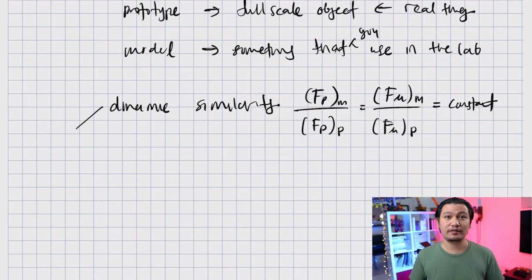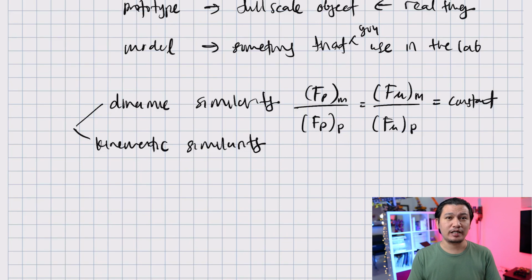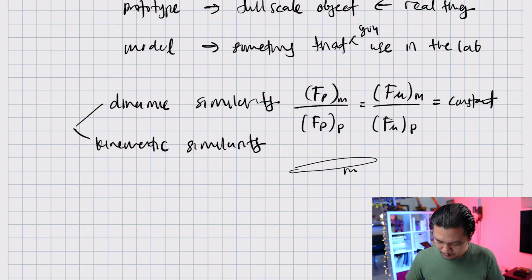The next type of similarity that you need to satisfy is kinematic similarity. And kinematic similarity means that the velocity ratio or the ratio of the velocity between model and prototype has to be constant across the entire flow. This means that if you have an aerofoil of a model, okay, and this is the aerofoil of the actual prototype.